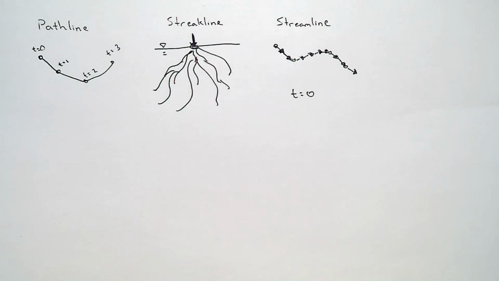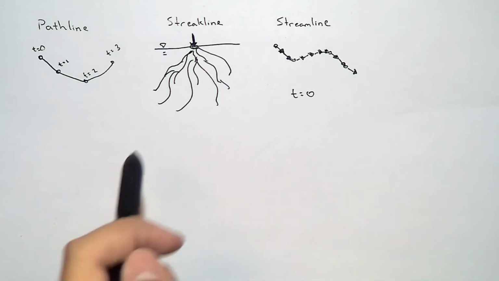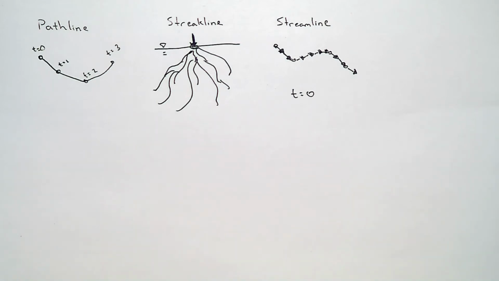In this class, we're going to study streamlines. And you'll see that it is possible for streamlines to change with time. However, if our flow is steady, which means we don't have change with respect to time, our streamlines and our path lines will essentially look the same, even though one is for one fluid particle and one is for multiple fluid particles. Now we're going to have to turn to our math to find an equation for a streamline.